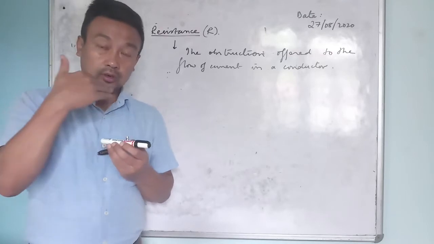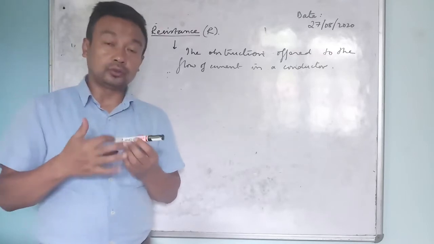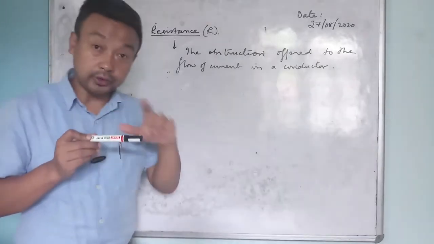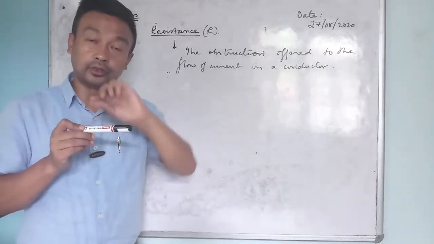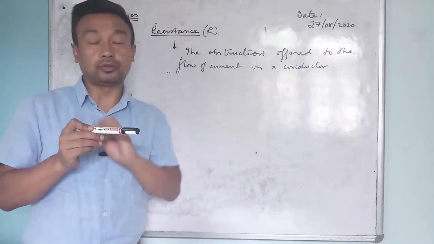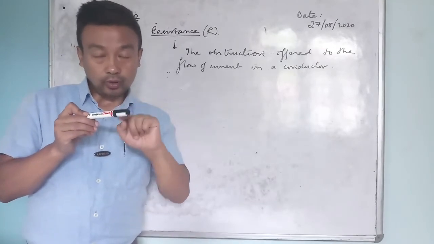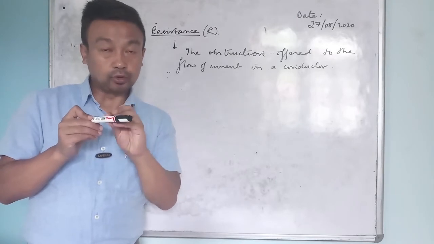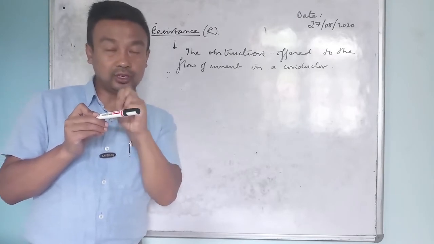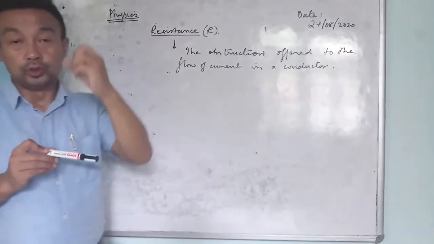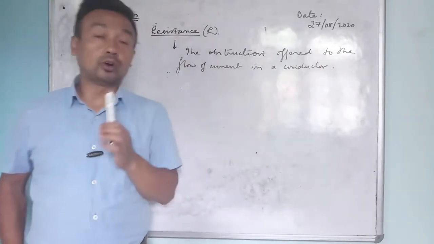Now in any metal or any wire or any conductor, the structure is such that there are orbits or layers. In that orbit you have the presence of electrons, and when you go to the nucleus, there you will find the presence of protons and neutrons. This nucleus remains intact, but the electrons in the outermost orbit are free to move. Those are called free electrons.